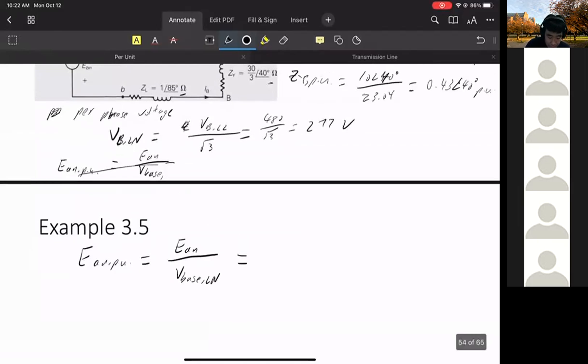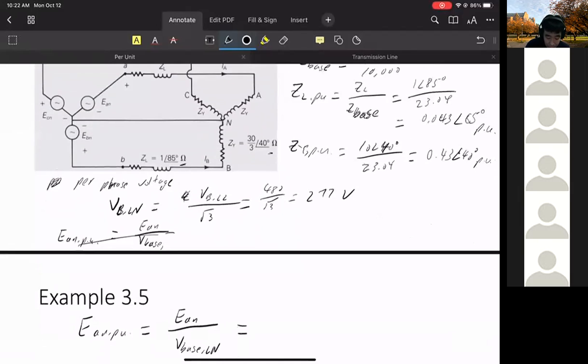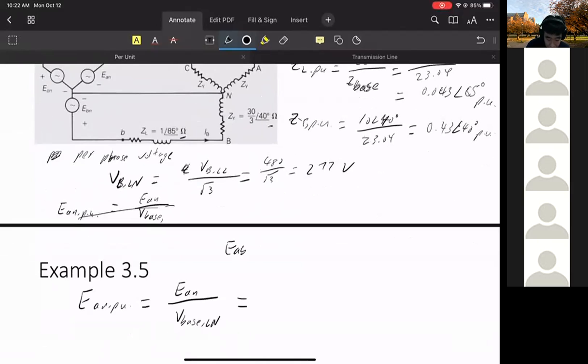So what is the per phase voltage then? We're given EAB is 480 angle 0. Then what is the phase voltage at A? 277. What is the angle? Negative 30, right?